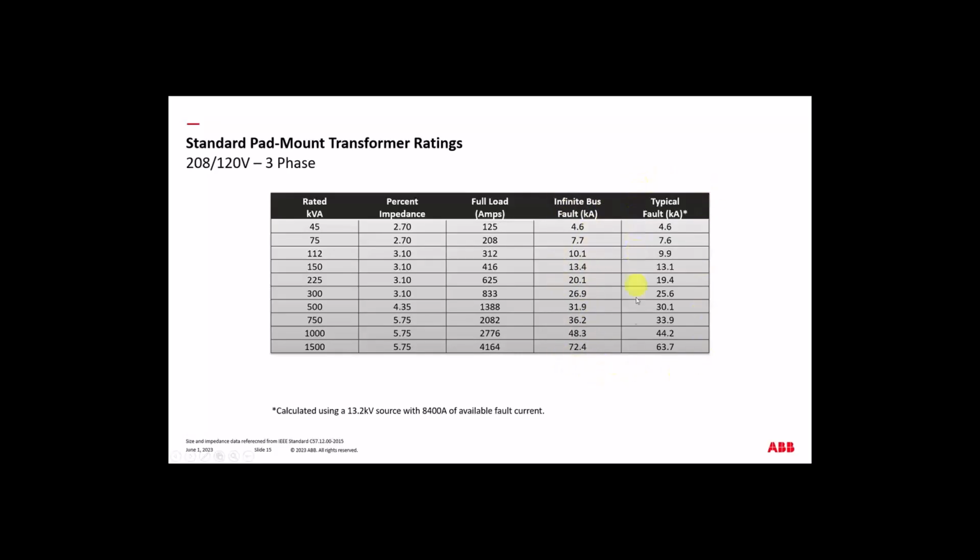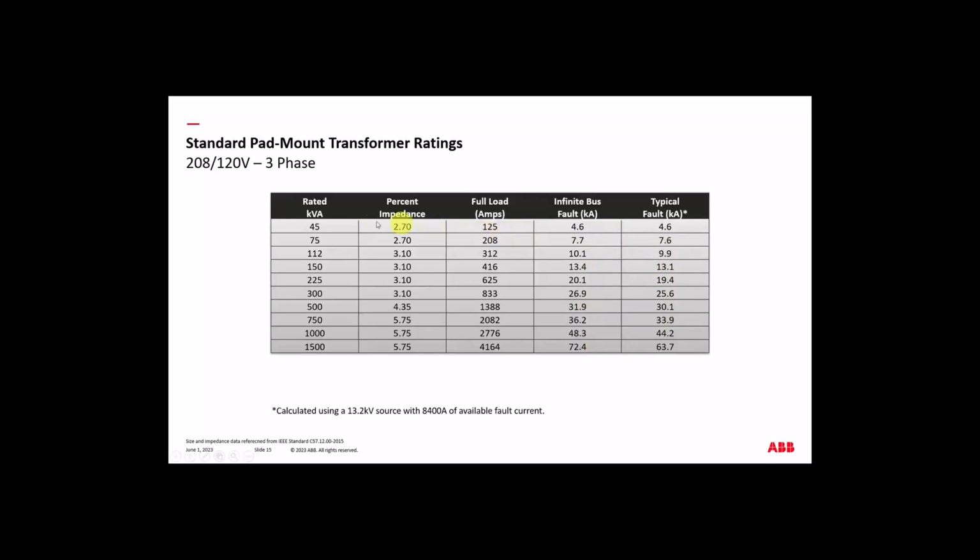And then I used the case where the utility on the primary side has impedance, and I'm using that 8.3 kA number. I actually did this in EasyPower. I ran the examples to show, okay, now I have that 8.3 kA available, it goes through the transformer, and what do I get? This is what I found very interesting. It's lower than the infinite bus, but not much in the smaller kVA size transformers.